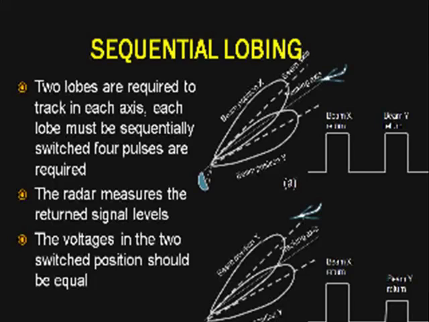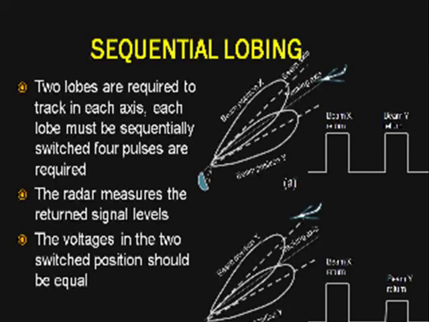If they are different, as per the diagram shown, we have beam position A and beam position B. It means on either side of the target we are going to place the beams and take the return signals. So the return signal pulses are as shown in diagram A.